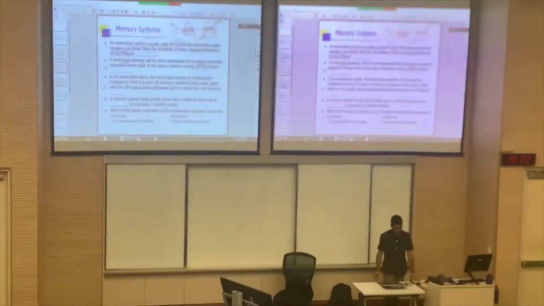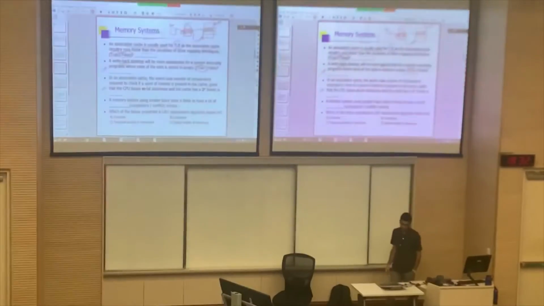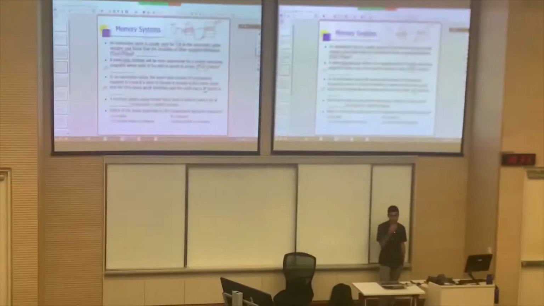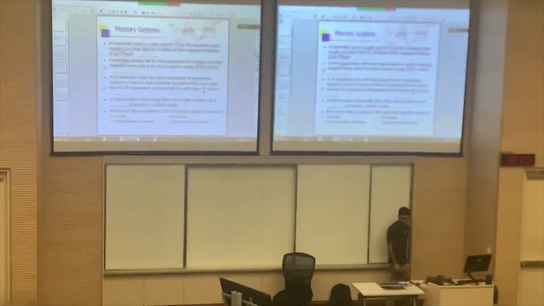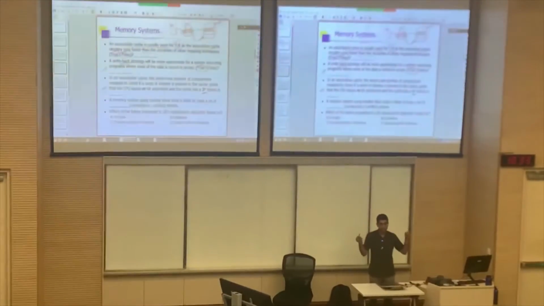Now, in an associative cache, the worst case number of comparisons required to check if a word of interest is present in the cache, given that the CPU issues an m-bit address and the cache has 2 raised to n blocks, is, what is the answer? The CPU issues an n-bit address.